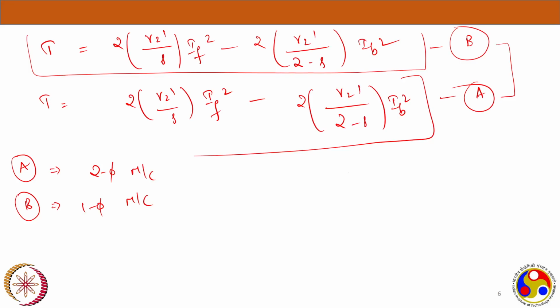So what I'm trying to say is equation B is the torque of our new circuit. The moment we divided all the parameters by 2, all the resistances and impedances were halved, and the current became twice. So the power also became twice. So then no need to multiply two times, because it's only a single-phase machine.